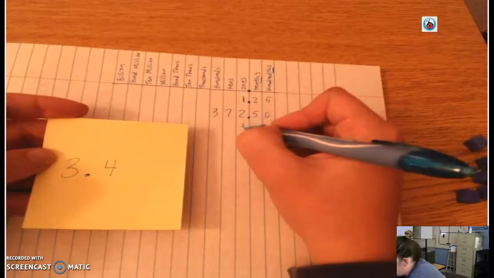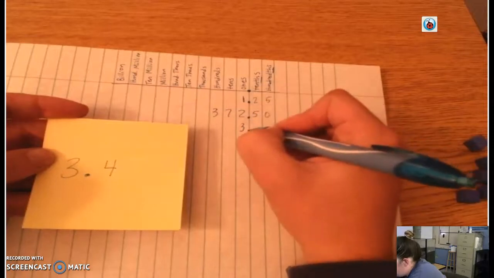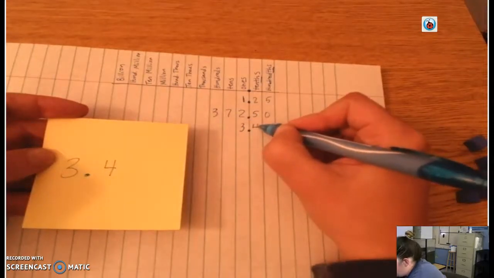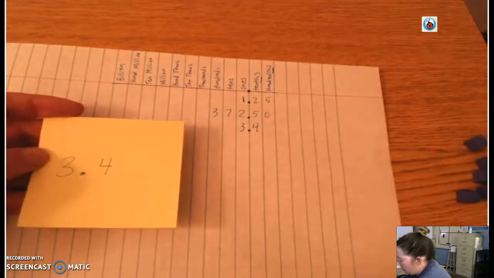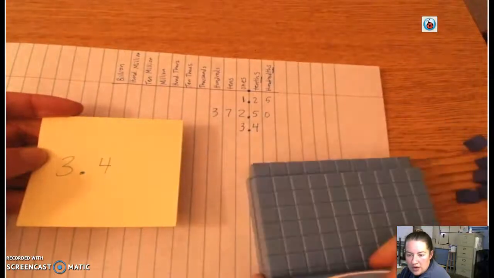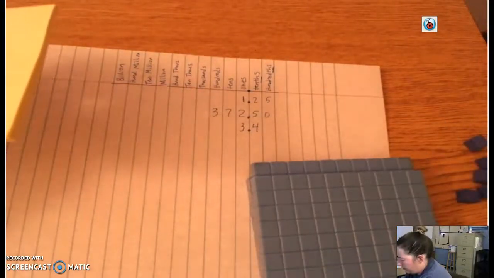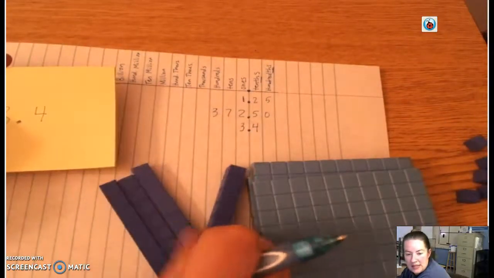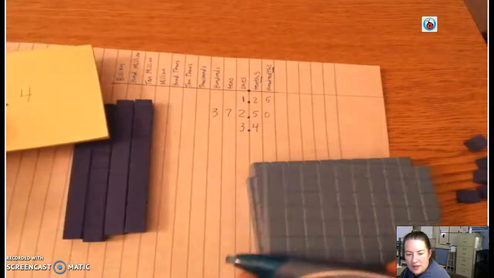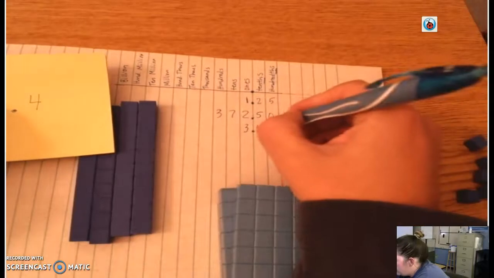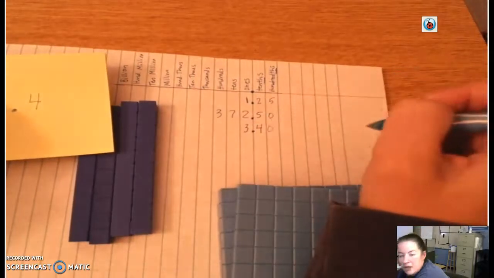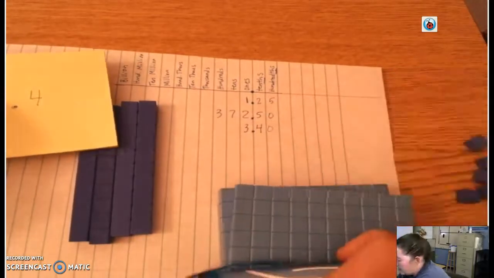So I'd line it up, put the 3 here. Make sure I put my decimal. 4/10. So we just did that one. It would have been 3 wholes right here, and then 4/10, just like this. 3 wholes, 4/10, or I could fill in this 0 and say 40 hundredths. Either way is totally fine.